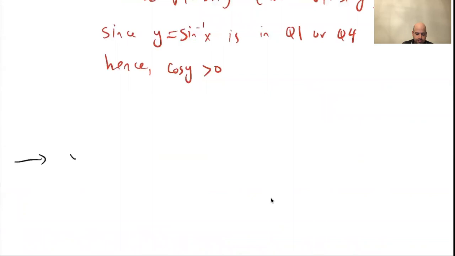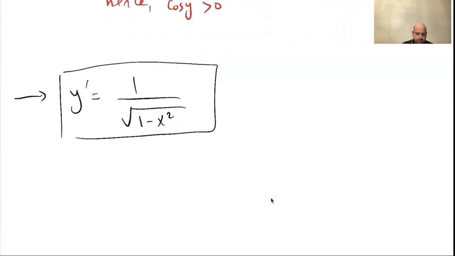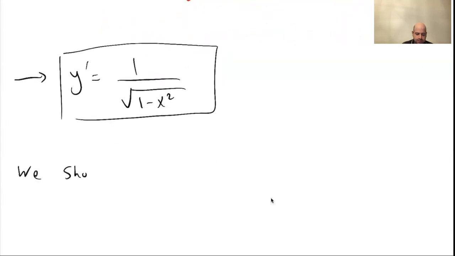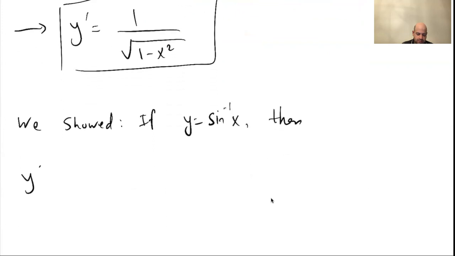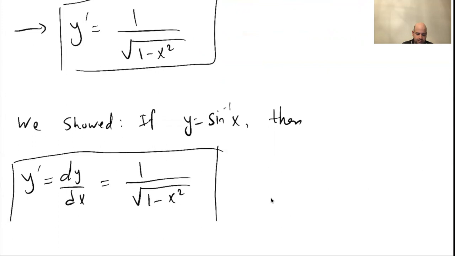So that means y prime will be equal to 1 over root 1 minus x squared. So we showed that if y is equal to sine inverse x, then y prime equals dy to dx equals 1 over root 1 minus x squared. So this is the way that we could find the derivative of sine inverse function.